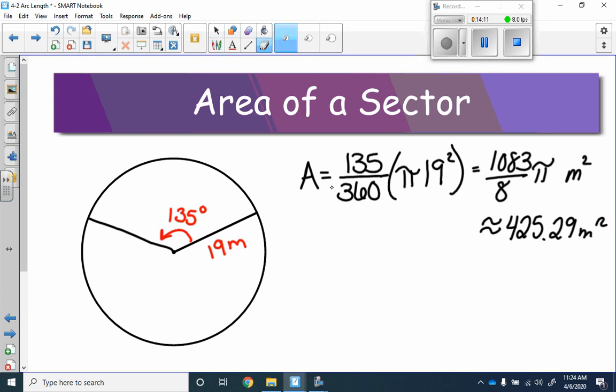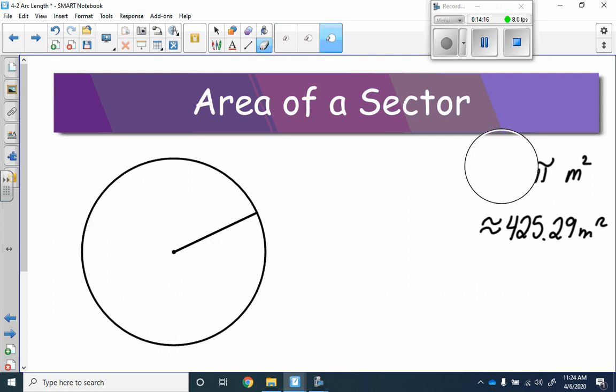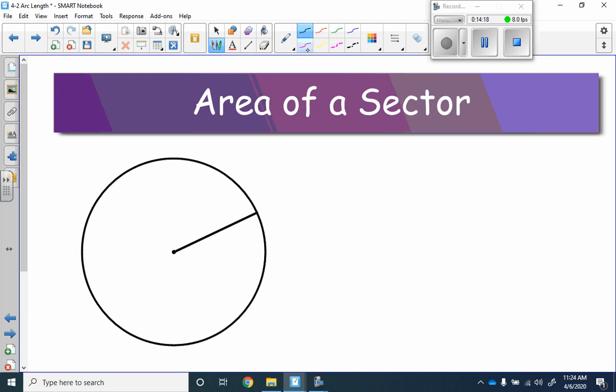All right, let's do one more real quick with a radian measure, and then we can call it a day. So as far as radians, let's go ahead and say that you have 5 pi over 6, and you've got a radius of 21 meters.